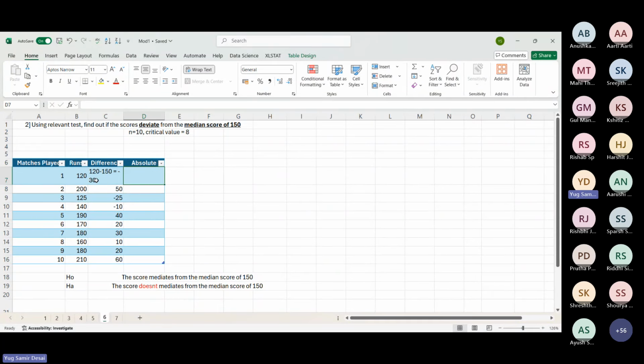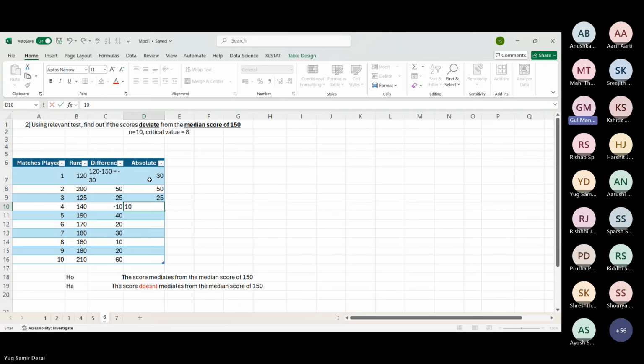For the first, we had gotten a difference of minus 30, but since we are considering the absolute values, we take just 30. Then 50 remains as it is. Then 25, minus 25 becomes positive. Minus 10 is next in turn.